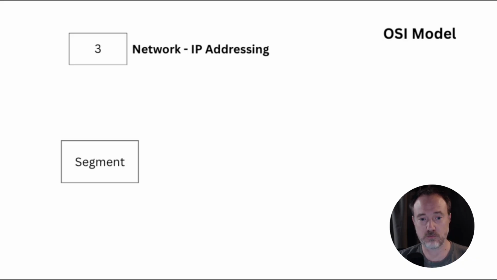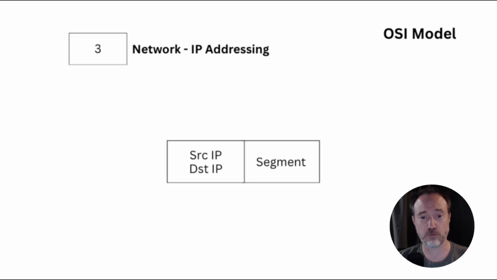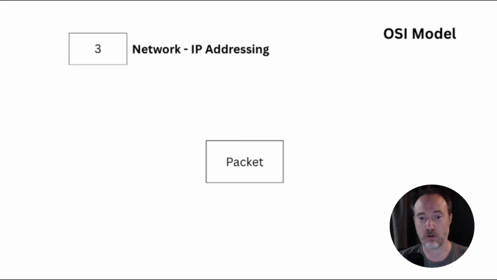It needs to have in its header the source and destination IP address. There are more fields that go into it, but those are the important ones for basic understanding. Once that header is added to it, now we call it a packet.